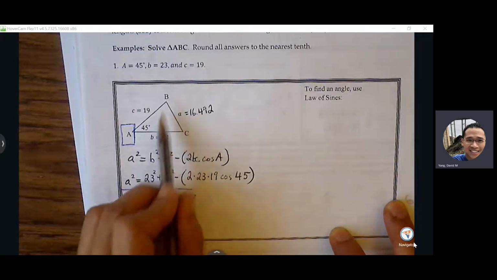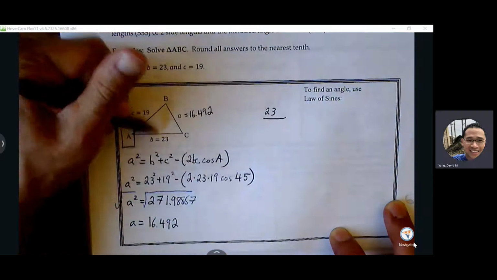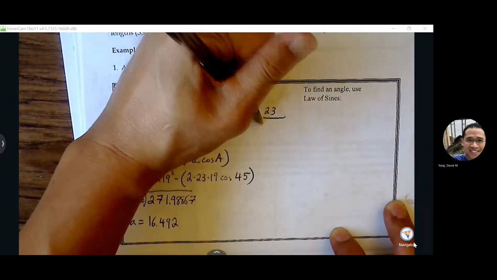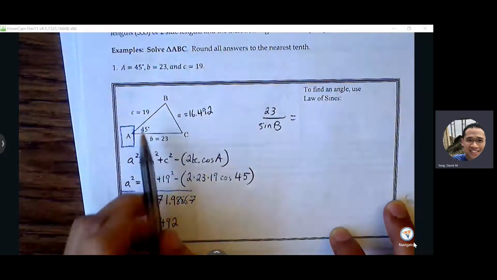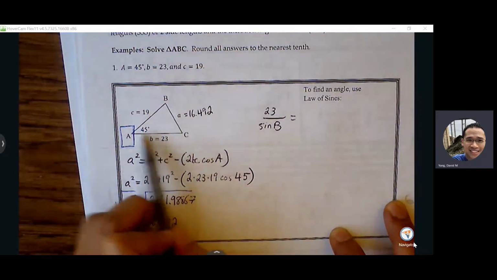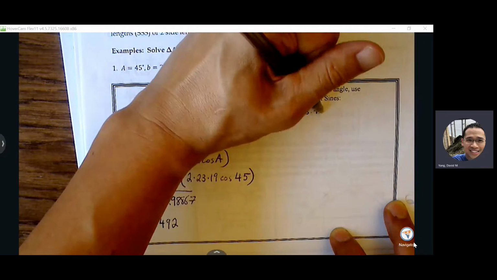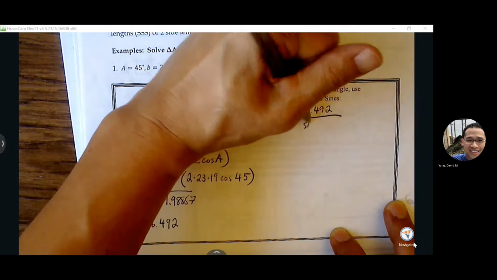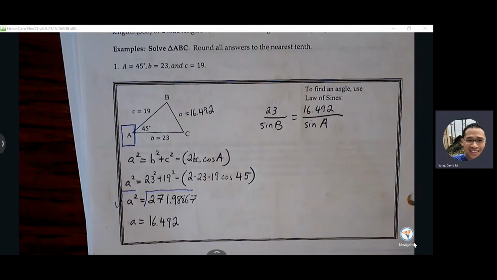Okay, I'll target B first. And then we have to involve A because we have full information here. Oops, A is 45. All right.